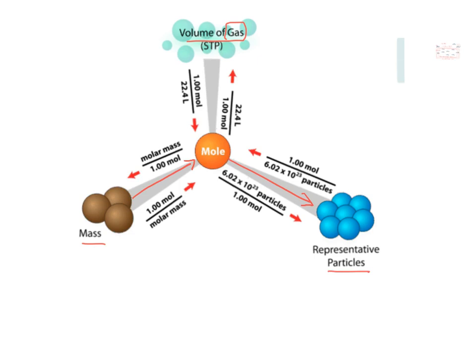If we're dealing with a gas, and we know the number of particles we have, we want to see how much volume that's going to take up, we can use these conversion factors, the number of particles in a mole, and the volume of 1 mole, to figure out what is the volume of the gas, even if we don't have a full mole of particles, or we've got 2 moles of particles. So this becomes a factor label problem, and I'll show you how to do those in the next video.